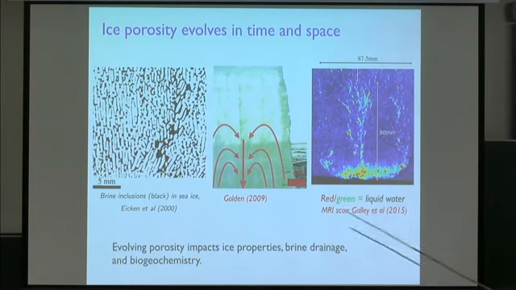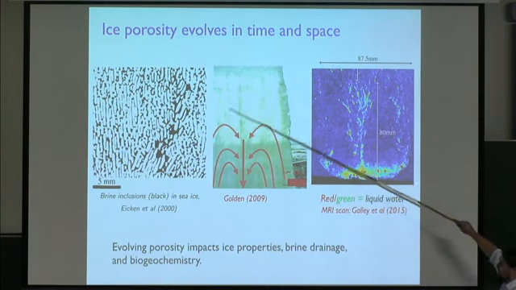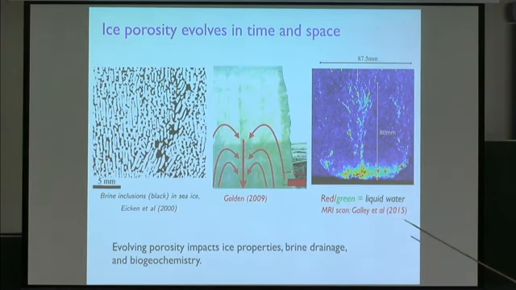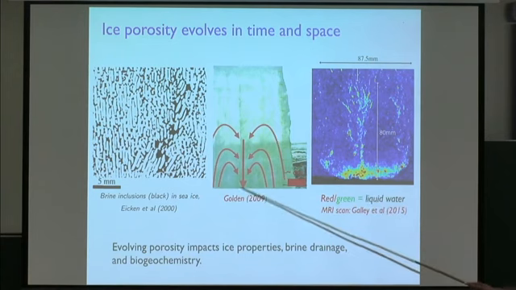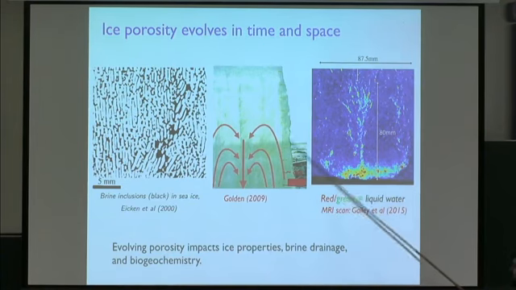So what I picked out in this sketch laid on one of Ken's photos here is a schematic of a brine channel. So you have this region of relatively high porosity where fluid can drain efficiently out into the underlying ocean. And there's some suggestion that you get convection cells where you get a circulation from the underlying ocean through the interior of the ice.